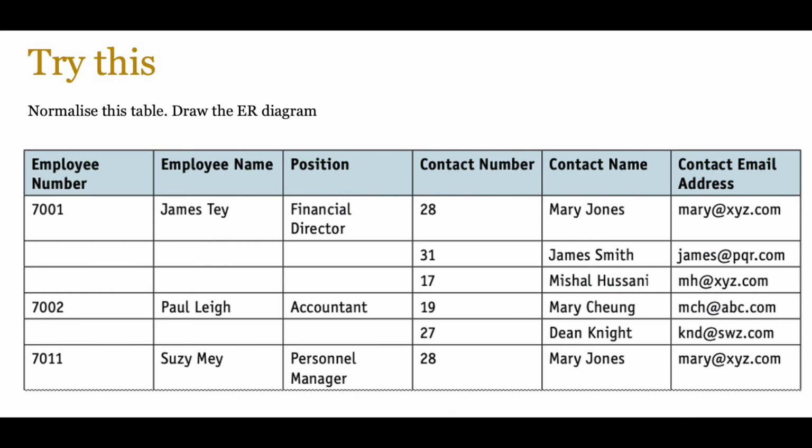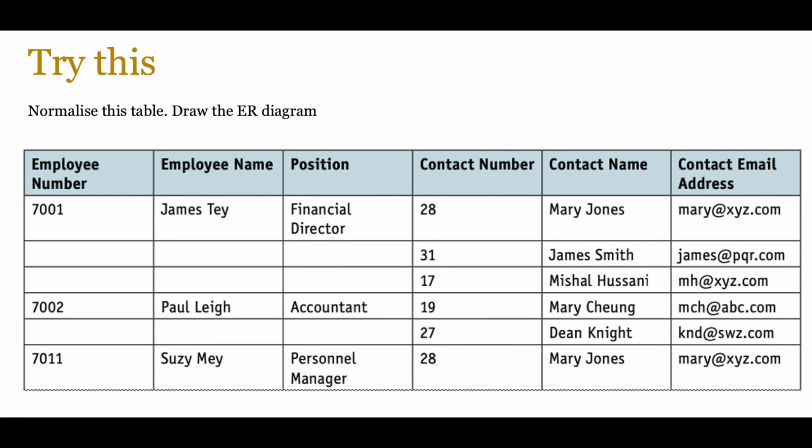Now, the best way to learn about normalization is to actually practice. So let's start with this example. On screen, you see a single table, and before you start the normalization process, maybe you might want to identify the entities that are involved in this table and then draw an entity relationship diagram.